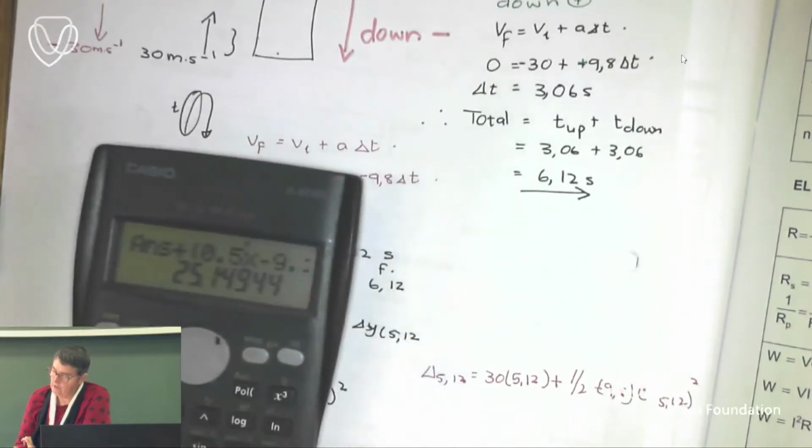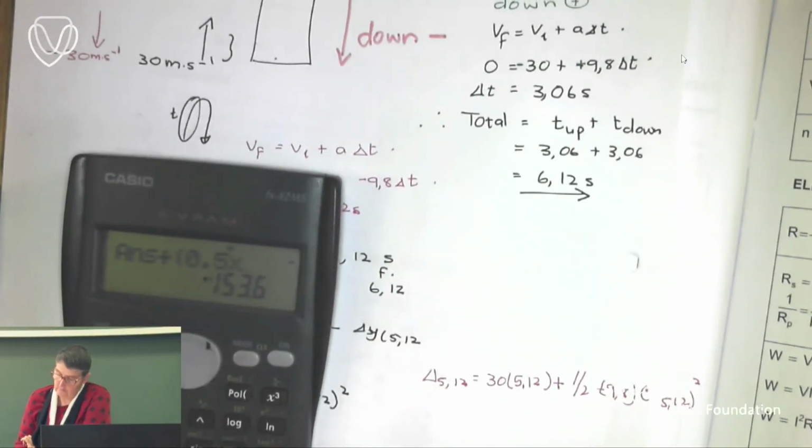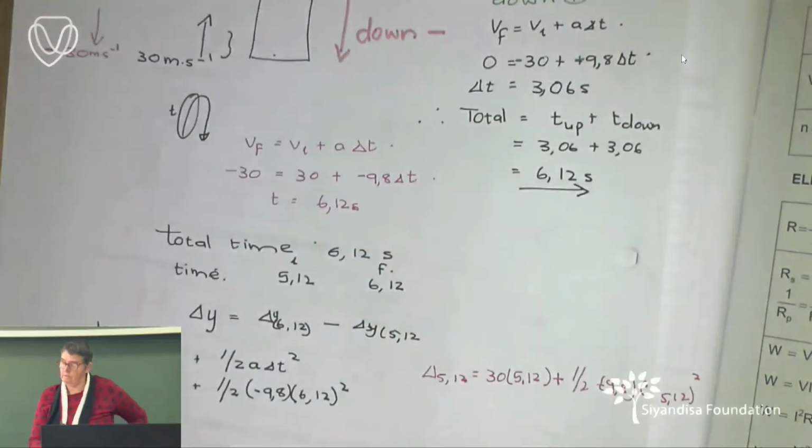I think I've done something wrong here. Let's just double check. So it's 30 times 5.12. Remember to put my bracket in. Okay, why am I getting a positive answer?